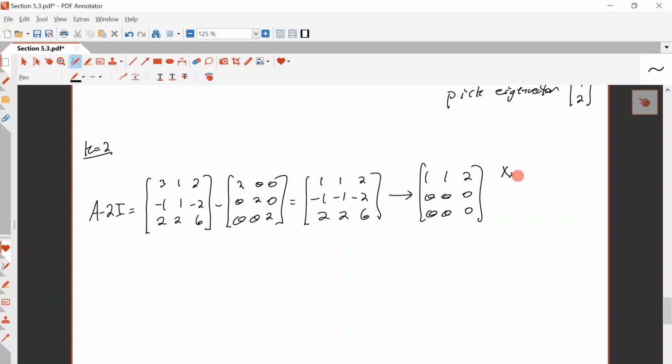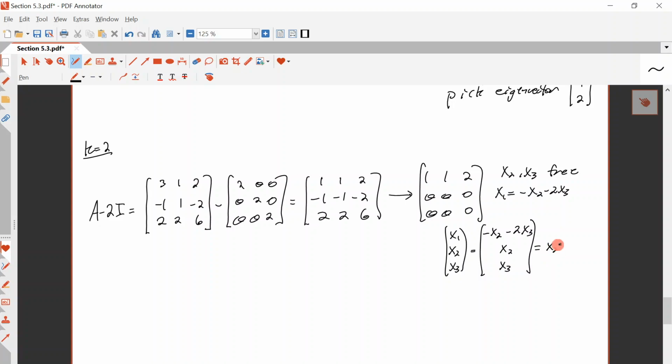Alright, so x2 and x3 are free. And x1 is minus x2 minus 2x3. So we have that x1, x2, x3 is equal to minus x2 minus 2x3, x2, x3.